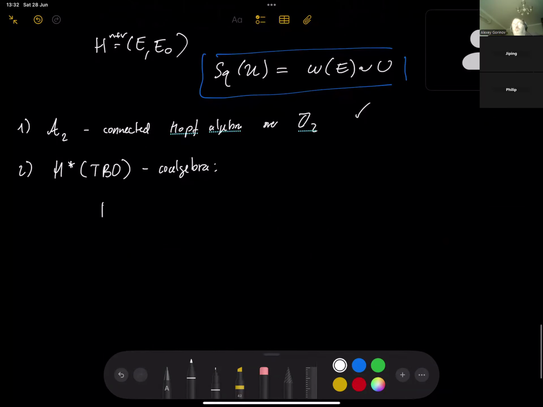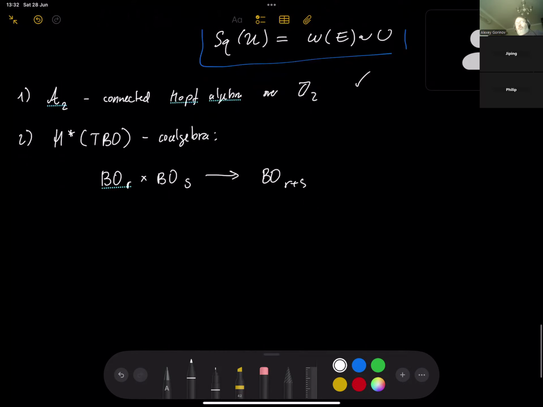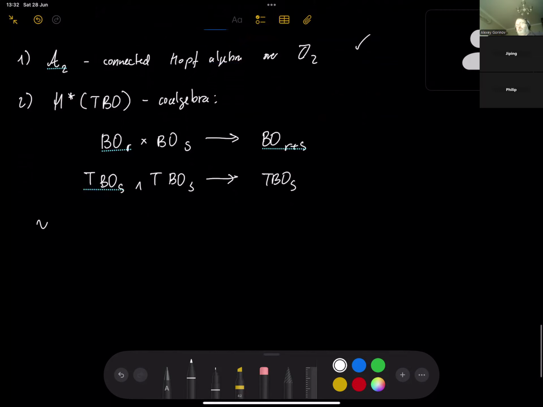We have the Whitney sum of vector bundles, which induces a map between the smash of the Thom spaces, and this induces the coproduct.